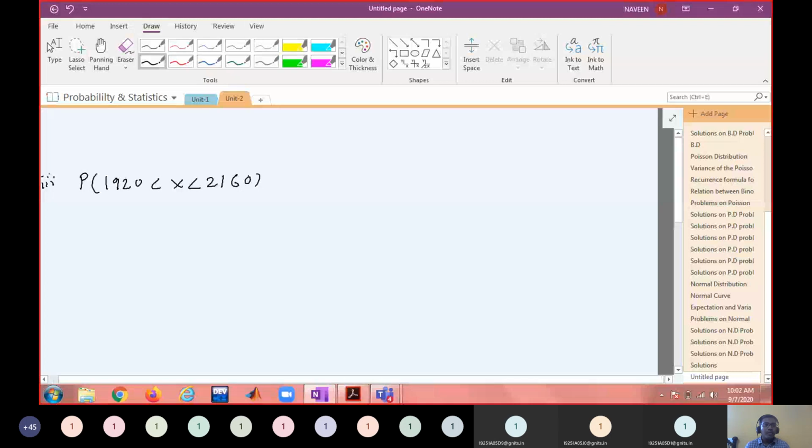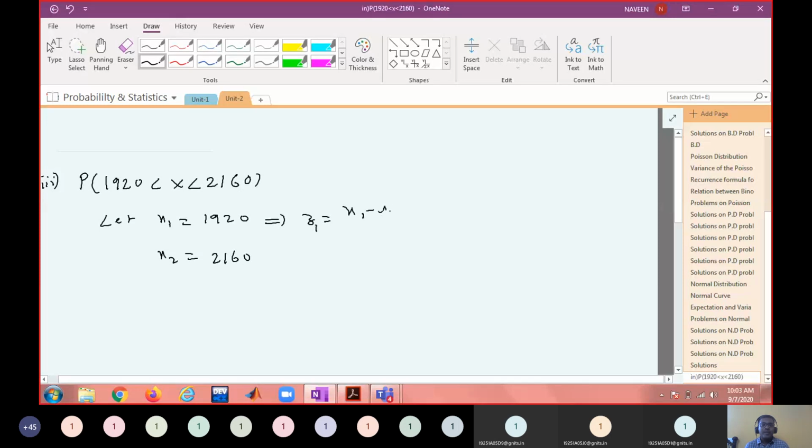Again, now you have to assume two scores. Let x1 equal to 1920, x2 equal to 2160. Correspondingly, you find out the z scores.